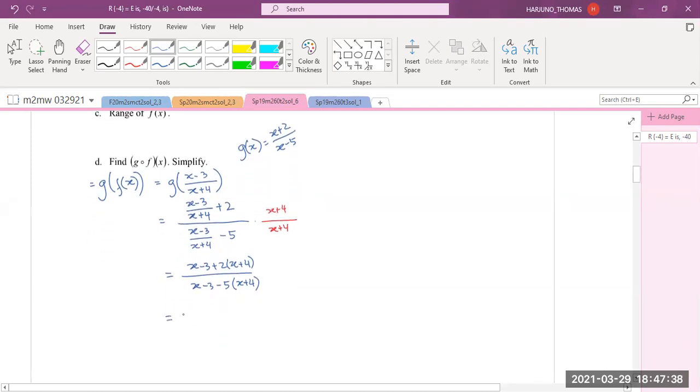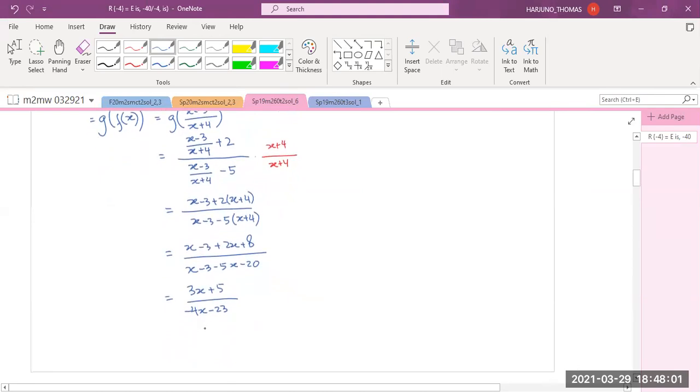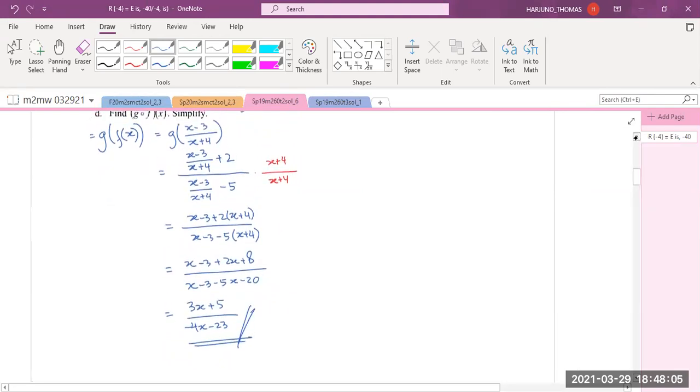So that will be x minus 3 plus 2x plus 8 over x minus 3 minus 5x minus 20. That will be 3x plus 5 over negative 4x minus 23. Now that's the composition of functions.